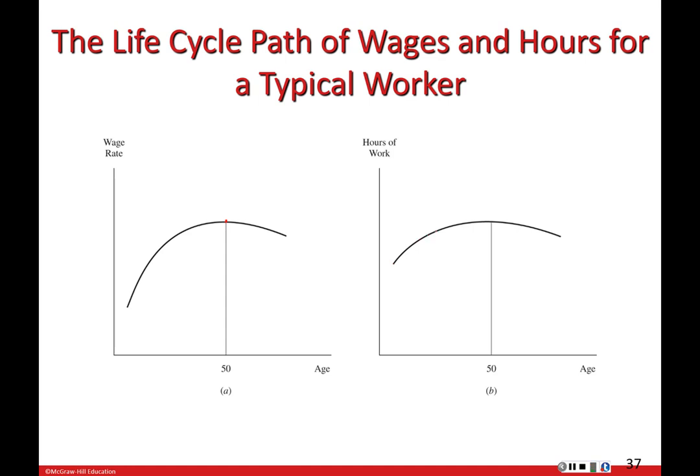Hours worked tend to rise, reach a peak at around 50, and then start to fall thereafter. So you have a very similar shape, and the question now is, is there a connection between these two things? That's the theoretical question, and the answer is yes. In fact, the shape on the right is a result of the shape on the left. And how is this explained?